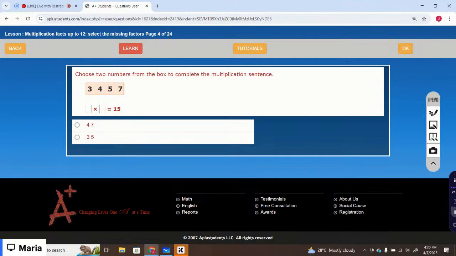Choose two numbers from the box to complete the multiplication sentence.